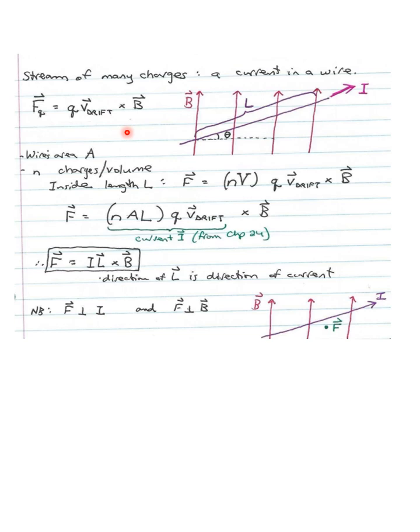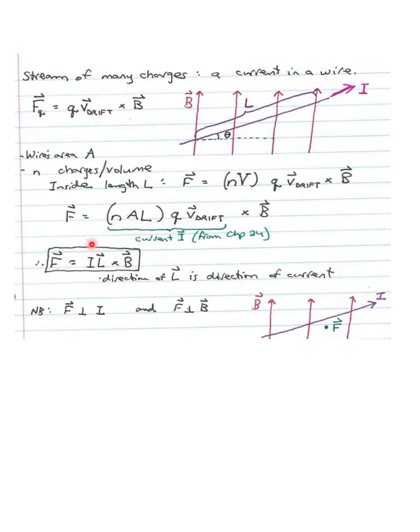If the wire has a cross-sectional area, we'll call it A, and it contains N charges per unit volume, then the force on all the charge carriers in a length L of the wire is given by this equation.